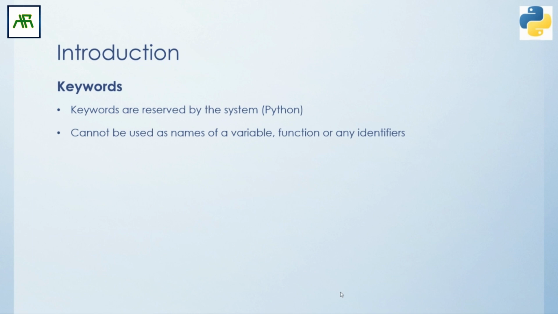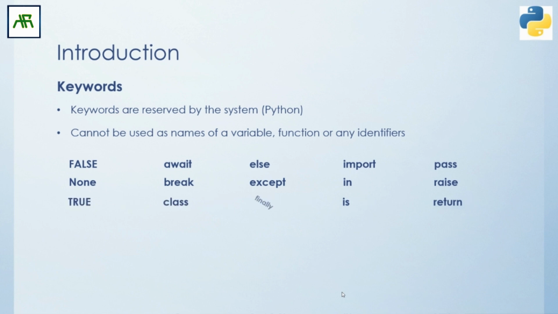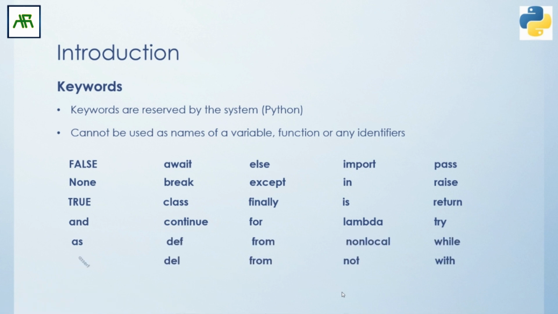But these words cannot be assigned to a variable as a name or a function or any other identifier. There are 35 keywords as of today.